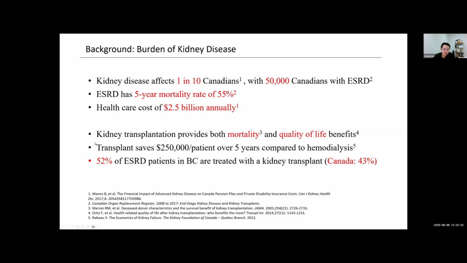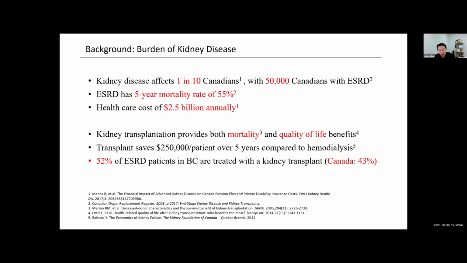And the reason that we love kidney transplant so much is that it's the only therapy that provides both mortality and quality of life benefits. And importantly, it's one of the few therapies in medicine where it actually saves the healthcare system dollars. Every transplant we do, we will save the system $250,000 over 5 years.